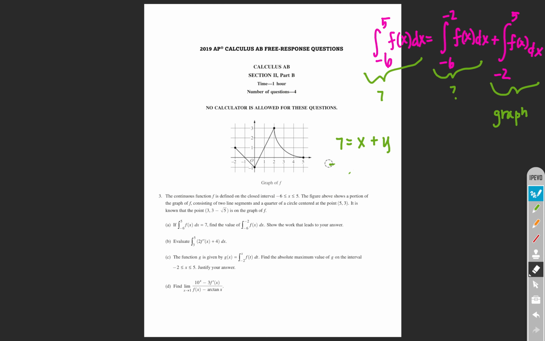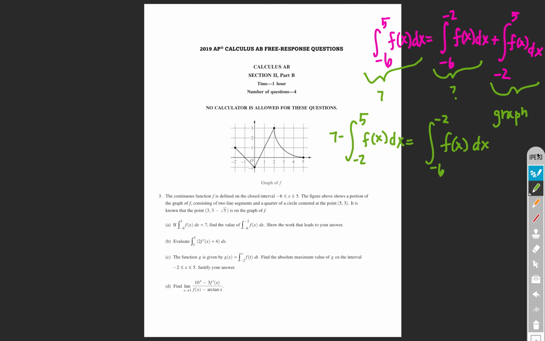It's kind of like solving a one-step equation here. So let's write that down: 7 minus the integral from -2 to 5 of f of x dx equals the integral from -6 to -2 of f of x dx.